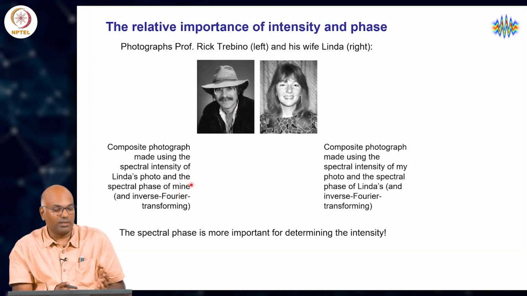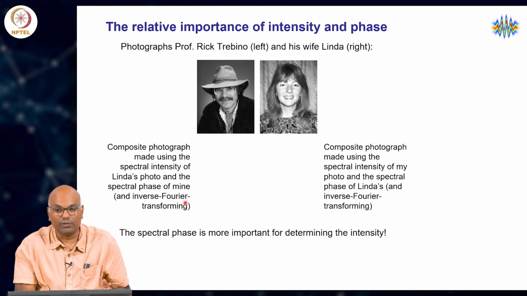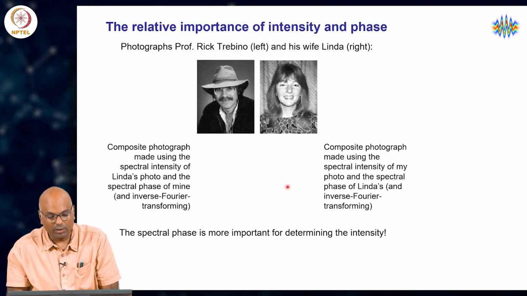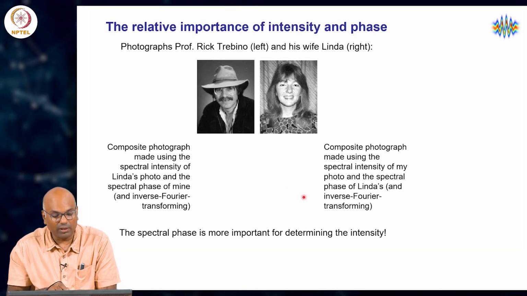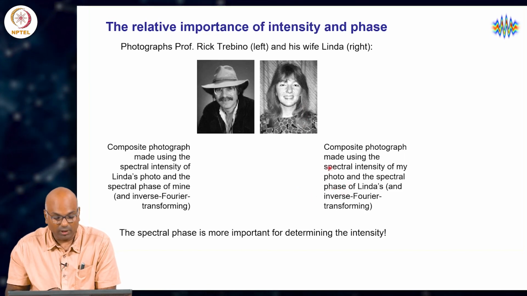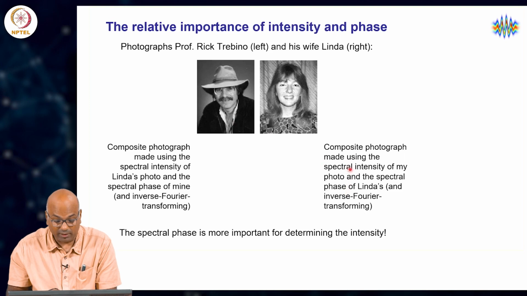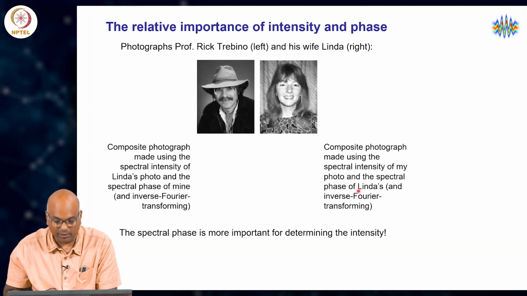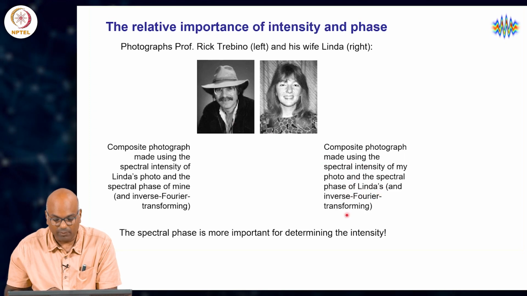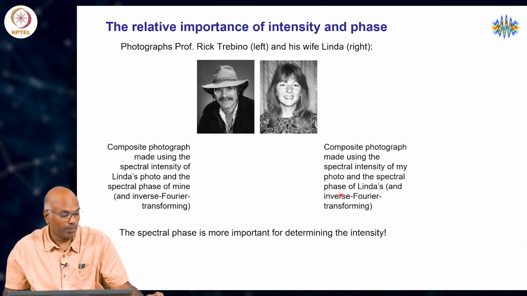This is taken as the input for the inverse Fourier transform. Likewise, in the corresponding case, for reconstructing the lady's picture, you use the gentleman's spectral intensity, but retain the spectral phase of the lady and take that as the input for the inverse Fourier transform. What do you see?